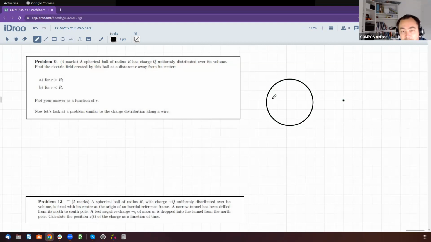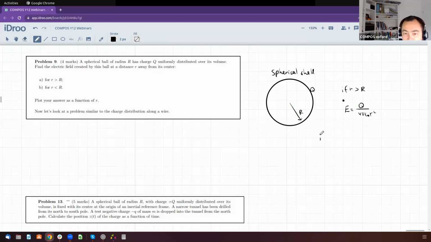sorry, if you have a spherical shell, for a spherical shell, if you're outside the shell, the electric field is Q, the charge on the shell, divided by 4 pi epsilon naught r squared, if r is greater than R, where R is the radius of the shell.